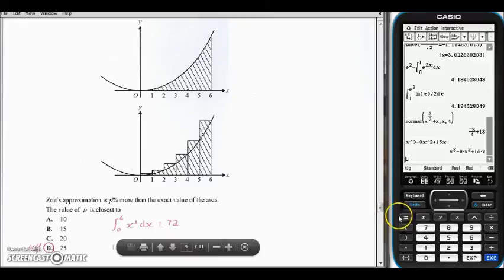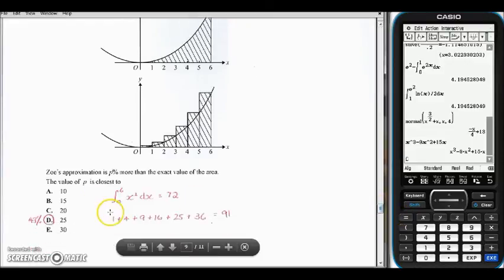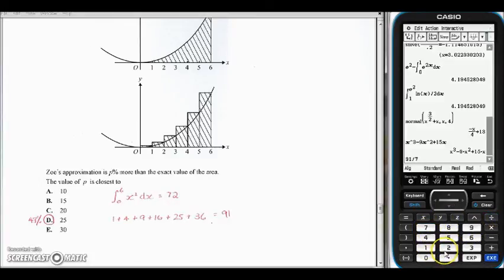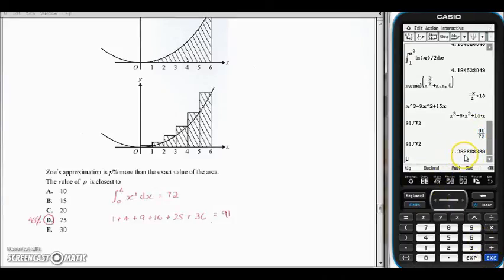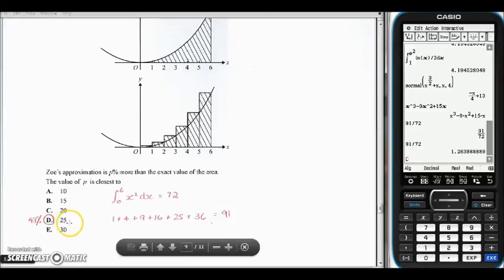And if you do a right endpoint estimate, you get 91. So 91 divided by 72 is 1.2639. So 91 is 126% of 72. The area's gone up by 26%, which is closest to 25. So the answer is 25.